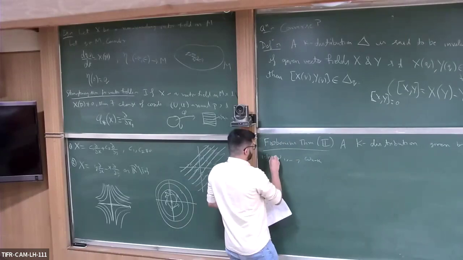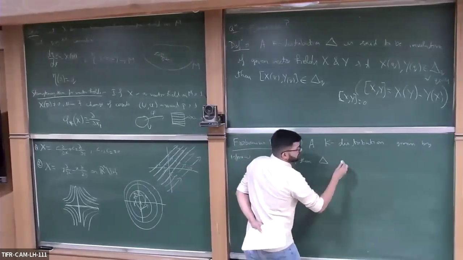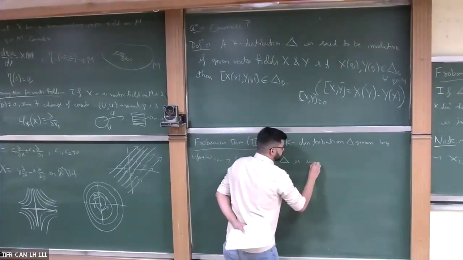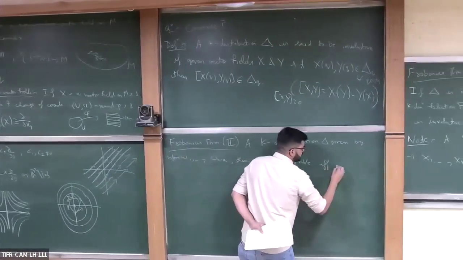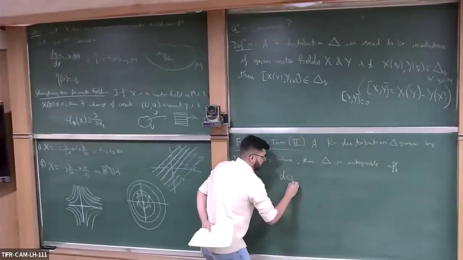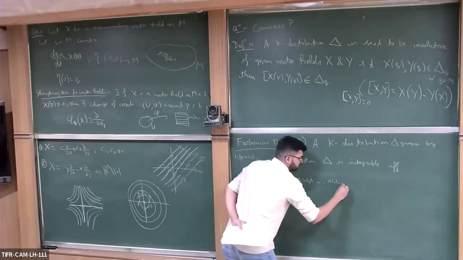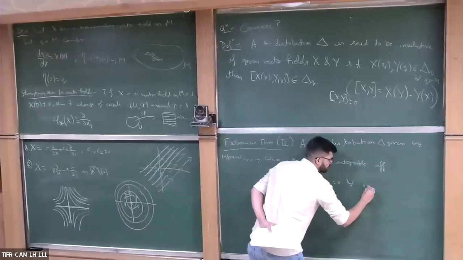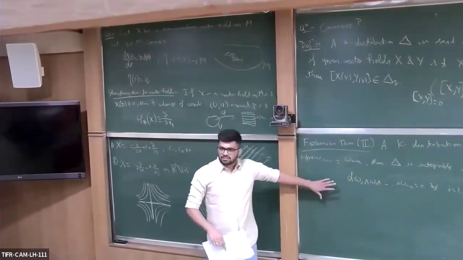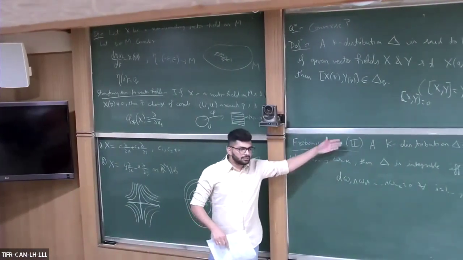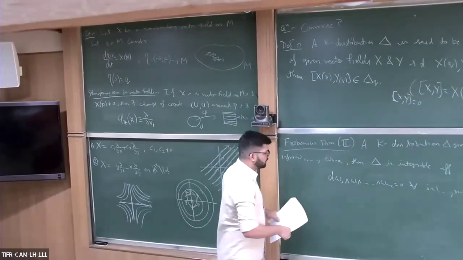And this delta is integrable, or completely integrable, if and only if d omega i wedge omega 1 wedge ... wedge omega n minus k is 0 for all i from 1 to n. This is the Frobenius condition on the one forms for the K distribution, that the distribution comes from a foliation.